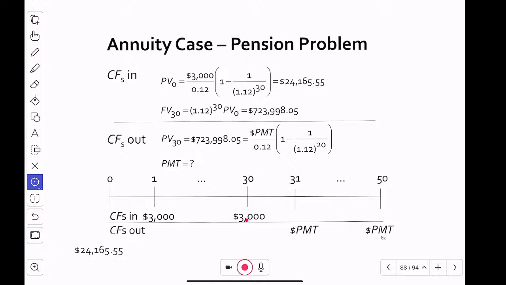So this would be the fund that I have up here. It's quite a bit of money.